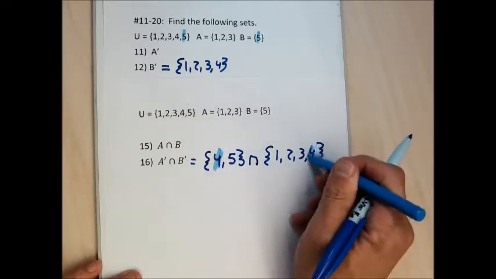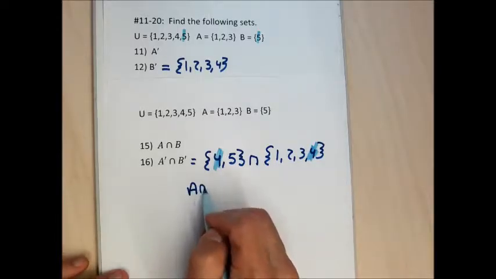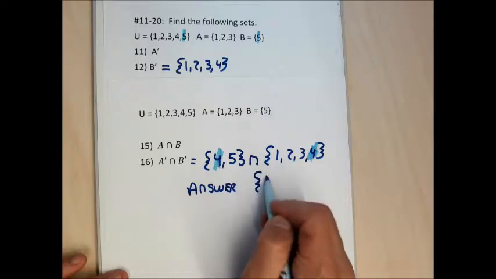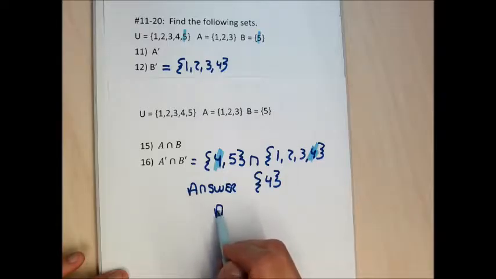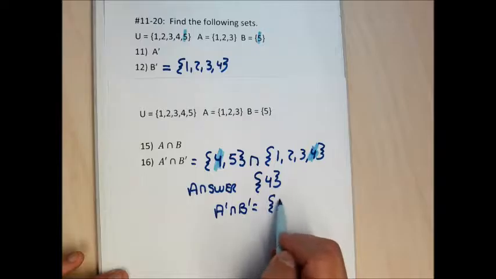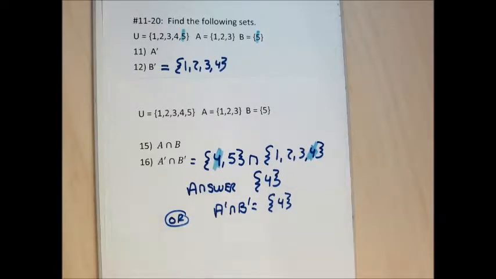And what these two sets only have in common is the number 4. My answer to problem 16 is going to be the set that contains the number 4. And again, if it bugs you to not have the problem written next to the answer, you absolutely could take the time to rewrite your problem or your answer so it had the problem next to the answer.